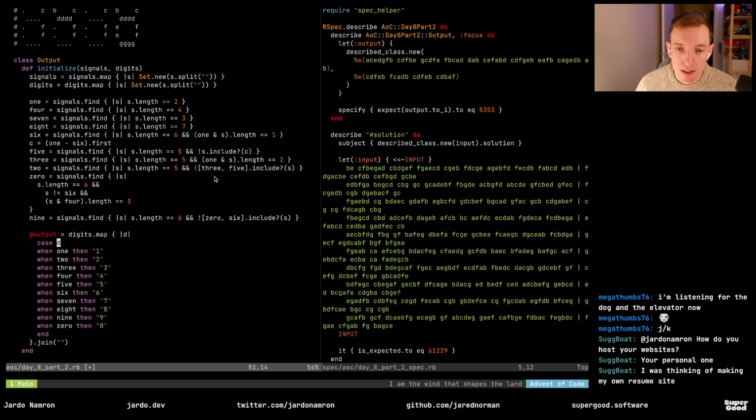Because I guess sets use triple equals for set membership. So we want to do this, and we're going to do a macro. Vim macro time.